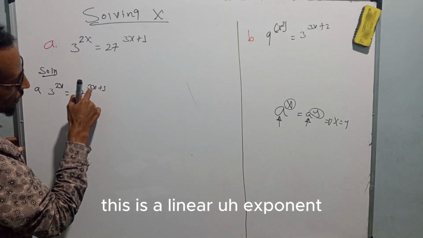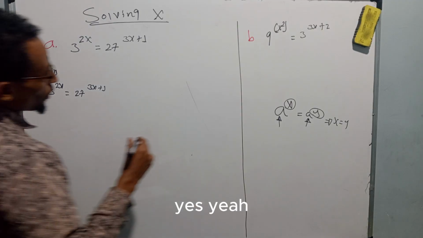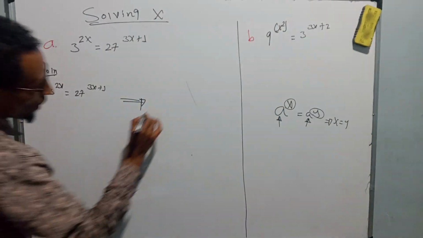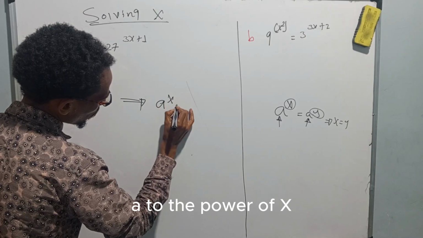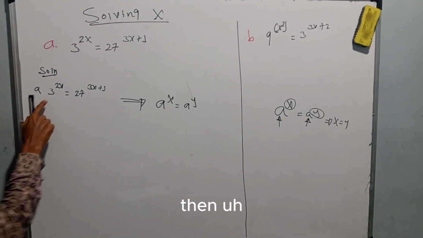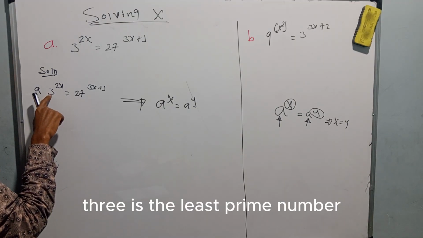This is a linear exponent. So now our target is to change this equation into the form a to the power of x equals a to the power of y. Then 3 is the least prime number.